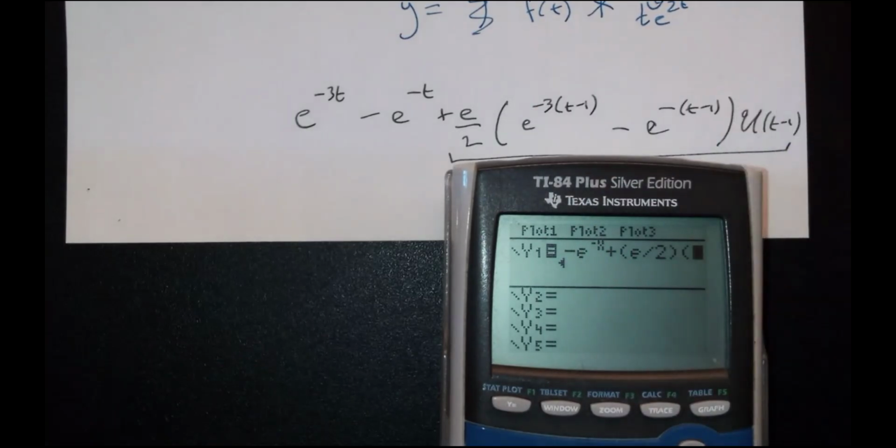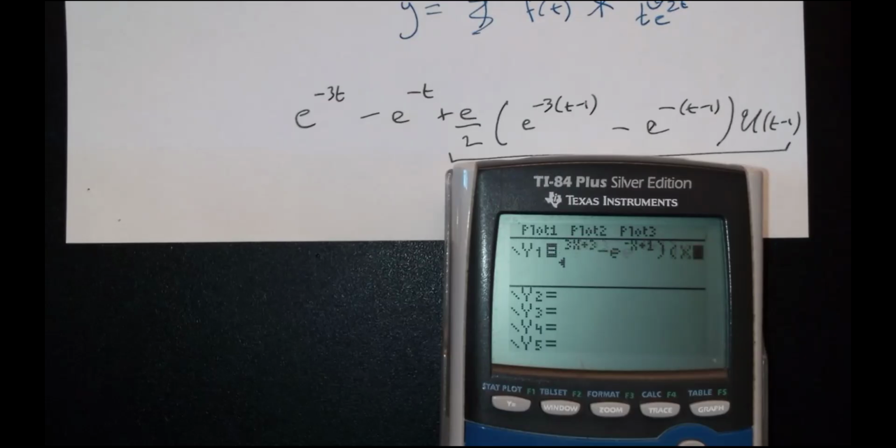Now I got to put in all that garbage. e to the minus 3t, that's going to be plus 3, right? And then minus e to the negative t plus 1. And all of that gets multiplied by this u of t minus 1, which turns on at 1.